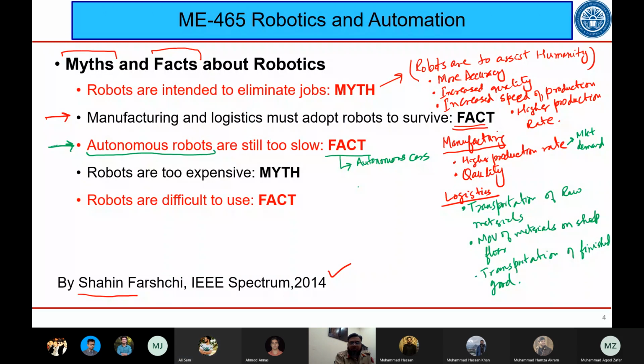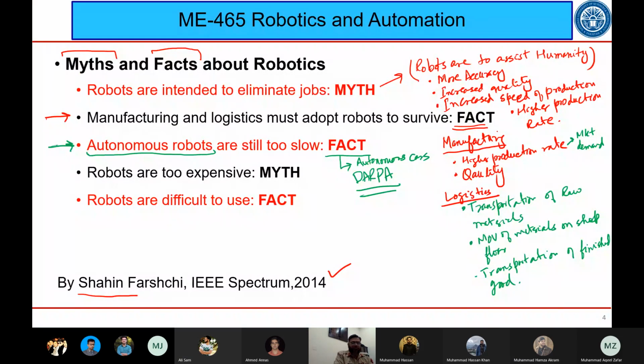A research organization. We talked about it yesterday, that they arrange a competition also. Does somebody remember? Okay, that was the DARPA challenge. So DARPA is the organization, and probably every 2 years they carry out this competition.